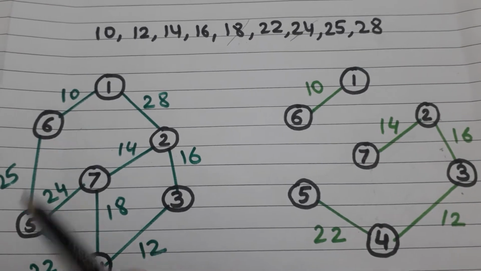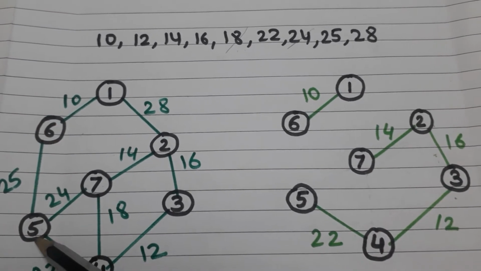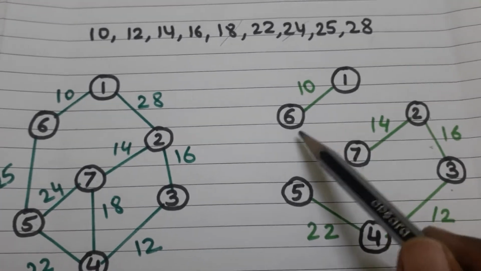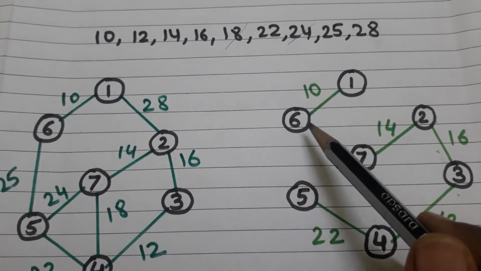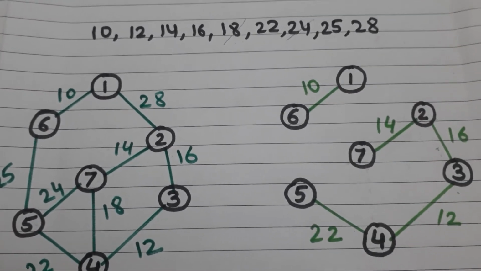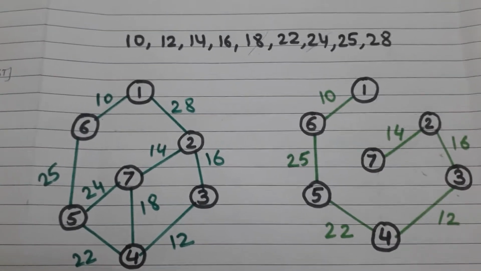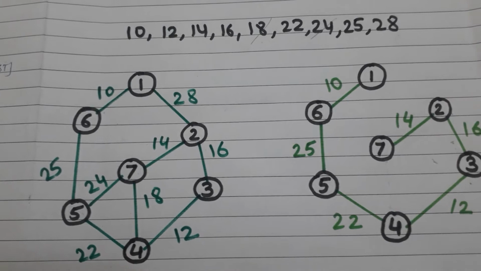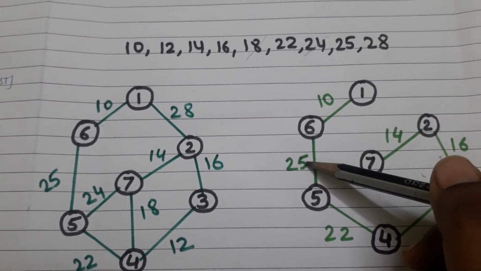Now if we add this edge 5 to 6 or 6 to 5, then here we will add this edge, that is 6 to 5. So here we add the edge 5 to 6 or 6 to 5 with weight 25.